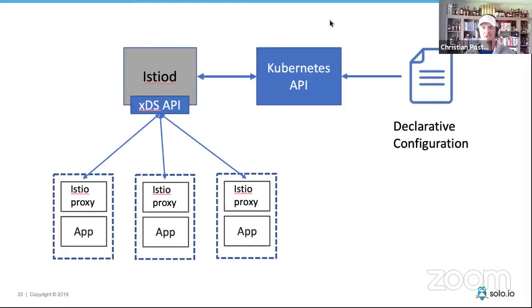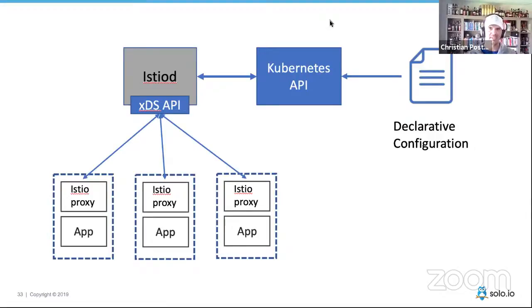What the architecture of Istio looks like is, again, a control plane and a data plane. The control plane is a component called Istiod that serves Envoy config through the Envoy xDS to the various data plane proxies, which again are based on Envoy.